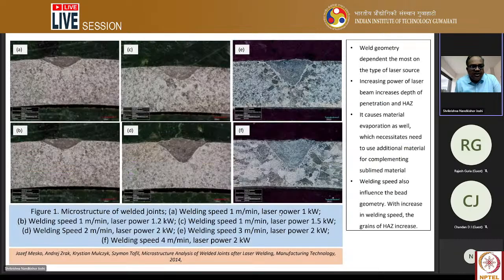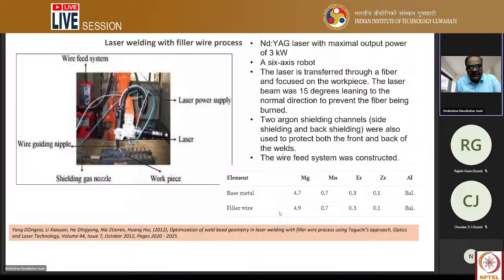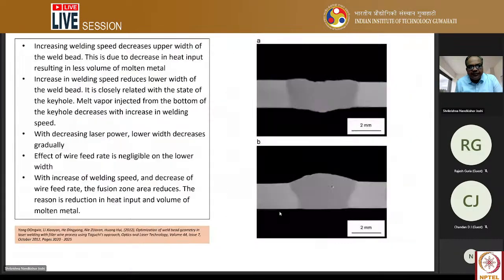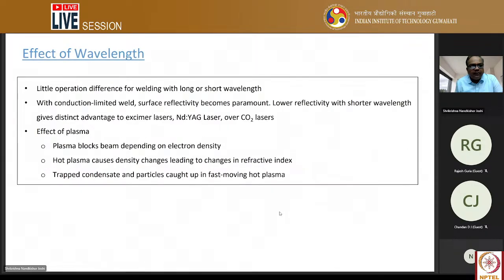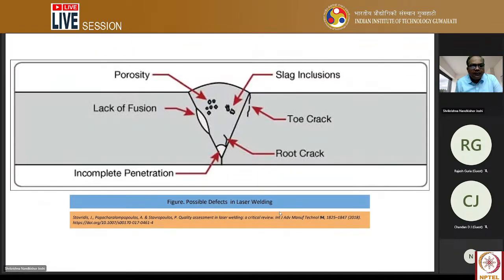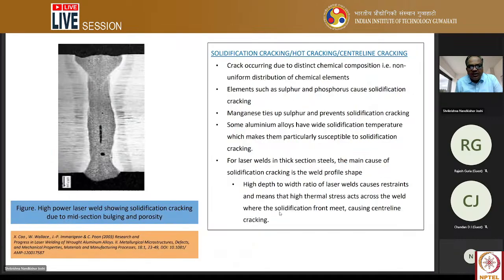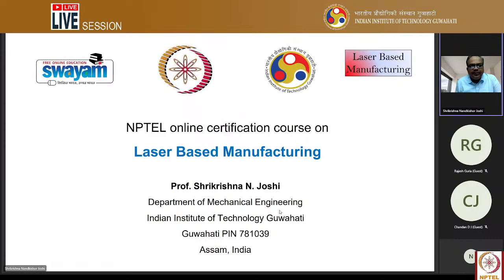So here you can see on your screen various process parameters which are affecting laser welding. Various defects and how these process parameters are affecting these defects, that we have seen.